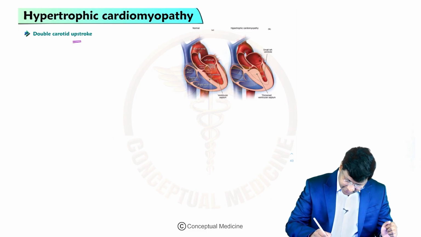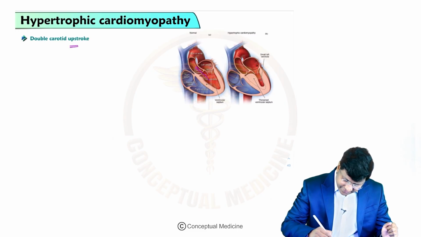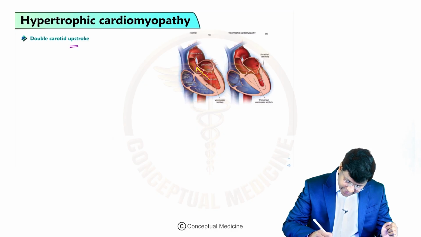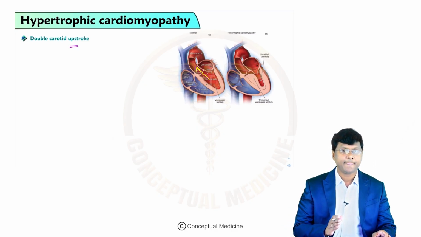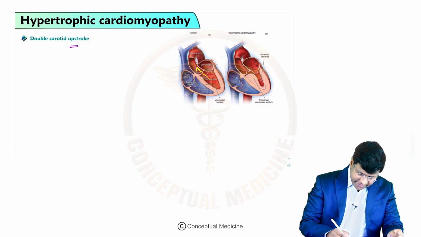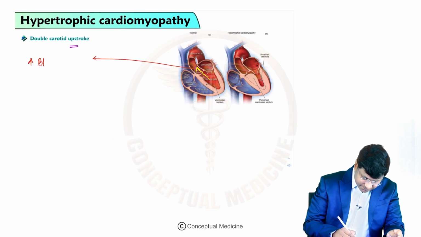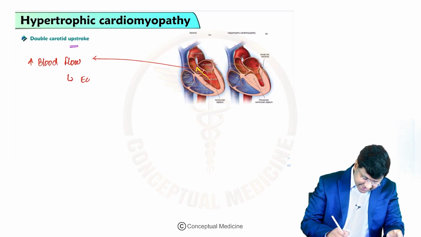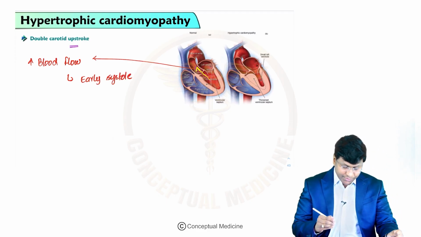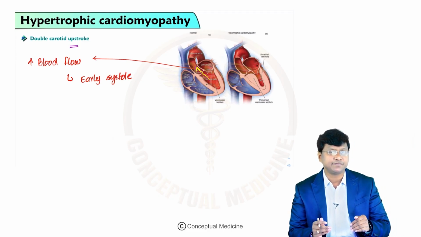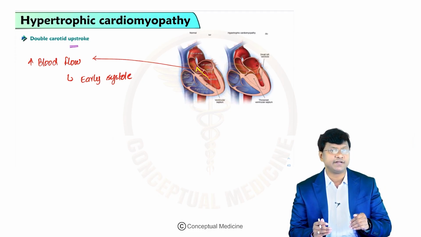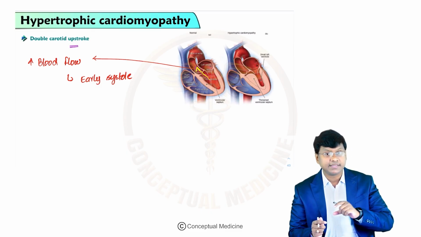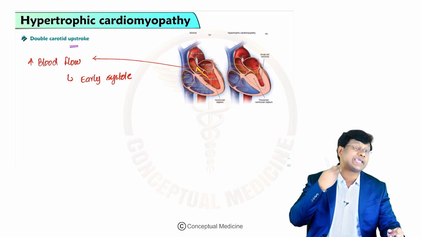From the left ventricle, there is increased blood flow into the aorta in the early part of systole. Due to this increased blood flow, there is an increase in the velocity of blood flow through the aorta, that is, through your carotid.